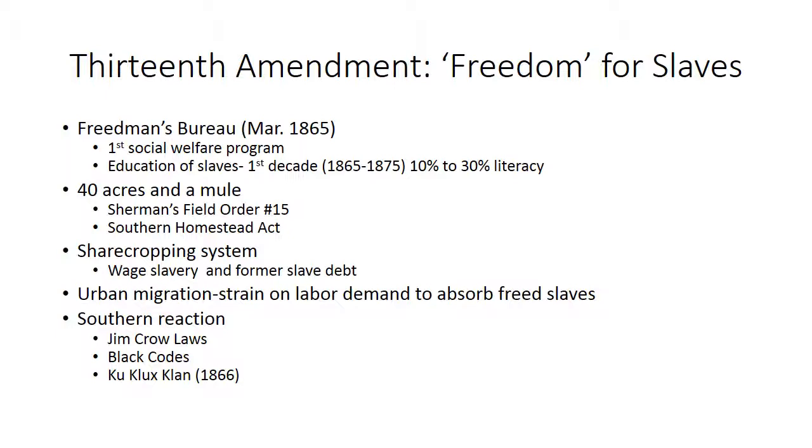Now, in terms of the sharecropping system, we want to be clear on this because the slaves' position improved only marginally with freedom because of the creation of a sharecropping system. For those of you unfamiliar with it, a sharecropping system means that the owner of the land provides all of the necessary materials, all of the equipment, all of the seed, all of everything.